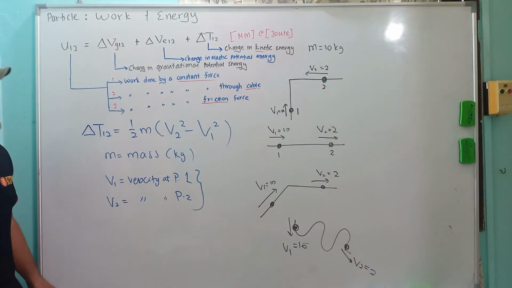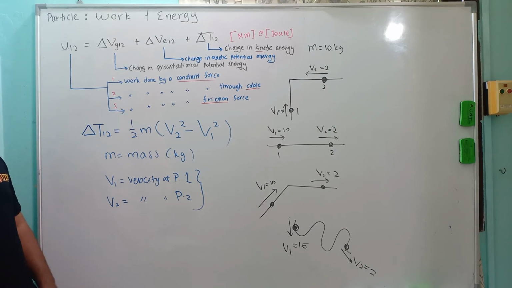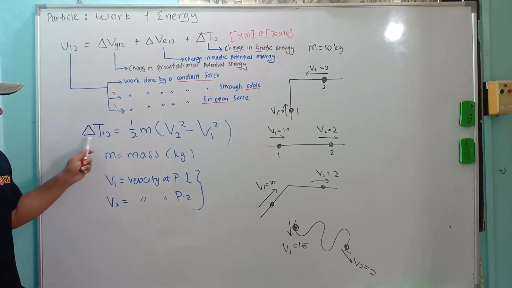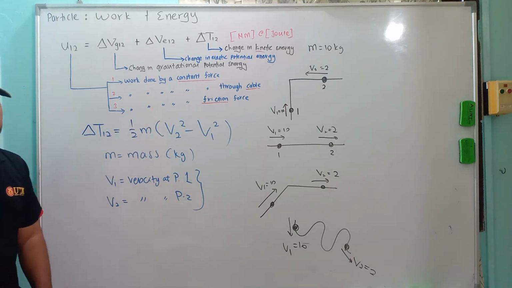Okay, so the last one here is the change in kinetic energy. So there is movement, so there will be a change in kinetic energy unless the component's V is equal to 0. Okay, so the equation is delta T12 equal to half m times V2 squared minus V1 squared.